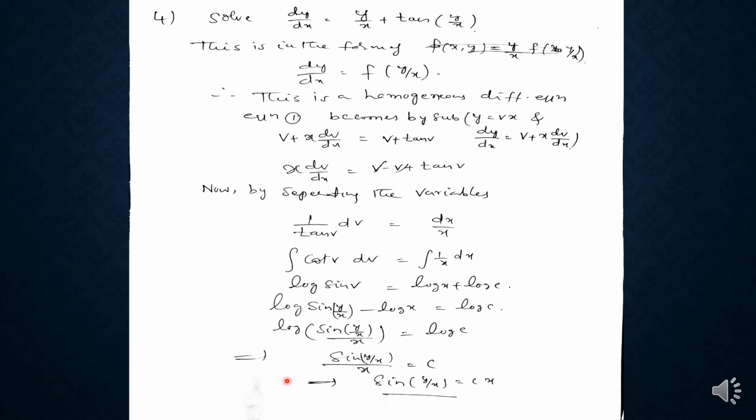Next problem. Solve dy/dx is equal to y/x plus tan(y/x).